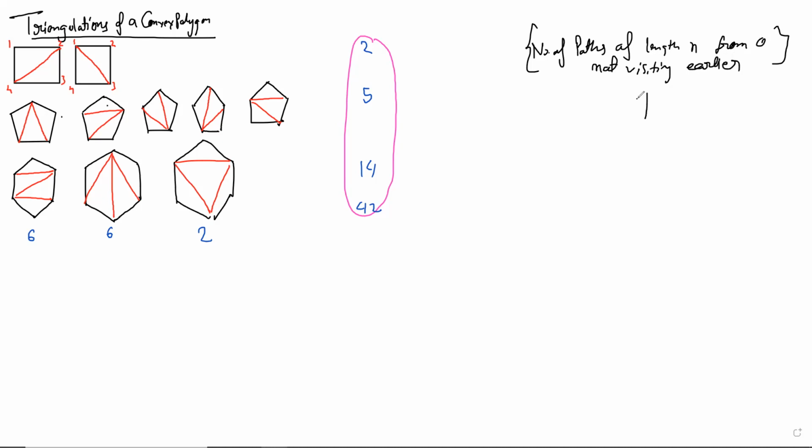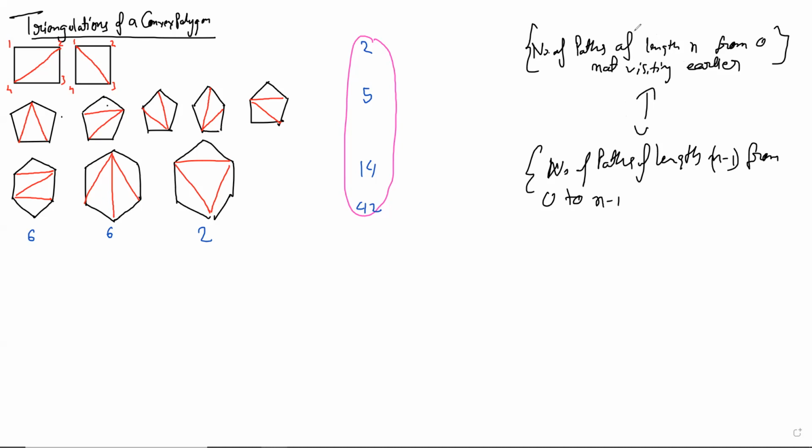This problem we saw. Now we had reduced this problem to the number of paths, only on the positive side, of length n minus 1 from 0 to n minus 1.